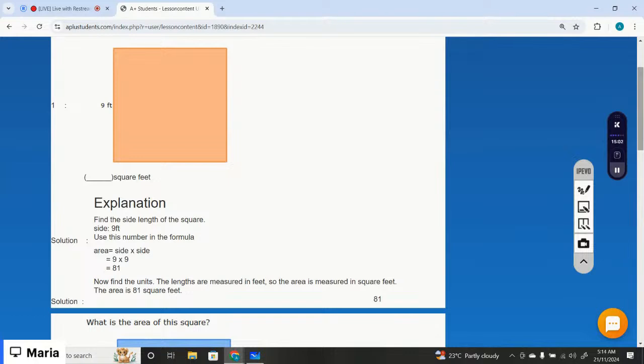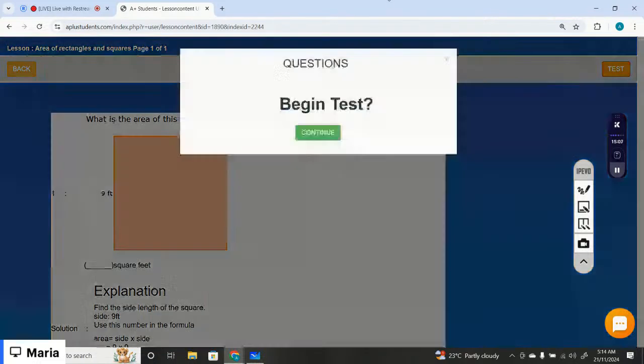That is 9 times 9 equals 81. So whenever we need to calculate the area of a square, we have to do side times side, right?